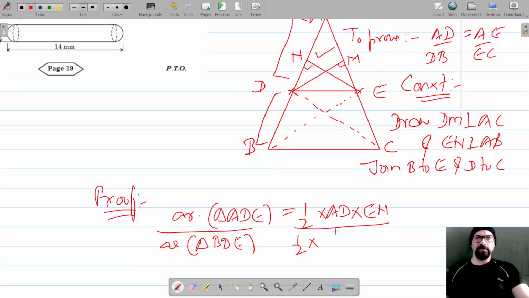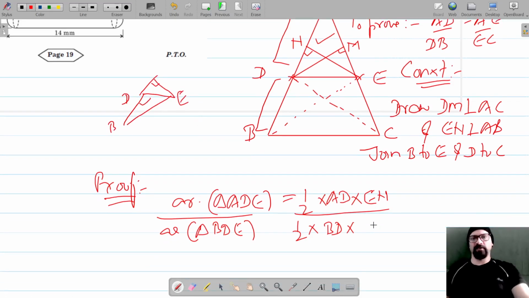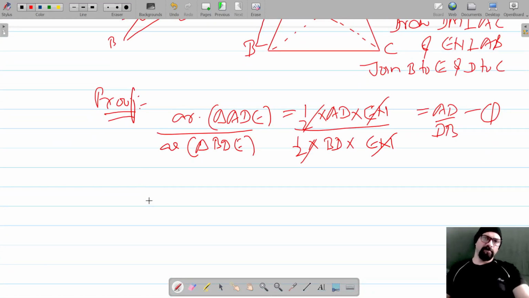If BD is the base, then this is obtuse angle triangle BDE and its height is outside. So its height is EN. So we are left with AD by DB. This is equation 1.